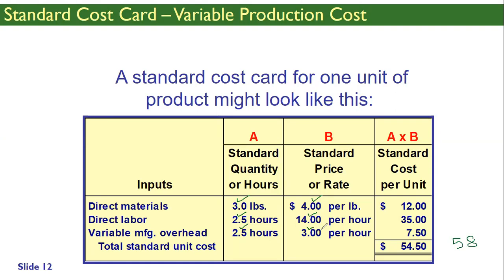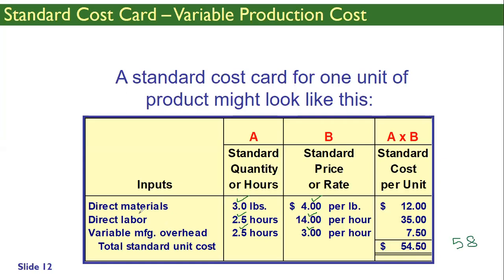So what you can say is that these are actually my variable costs. If you pay attention, I did not write down fixed overhead or fixed cost here. I only talked about variable cost. When you talk about variances, variance means the differences. For variable cost, there are six variances.